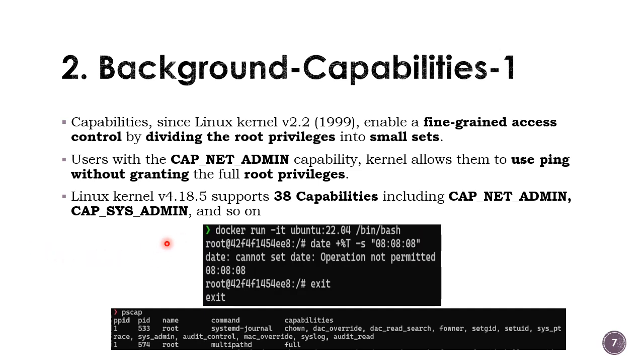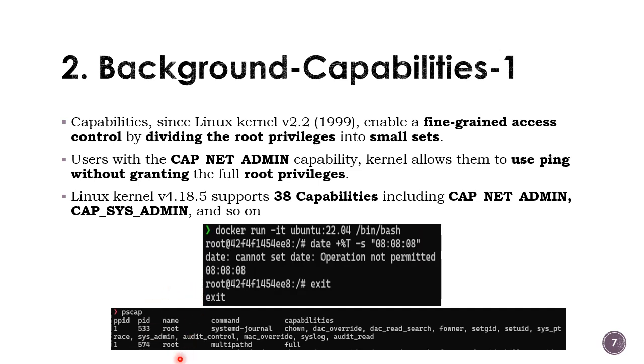So here we have some images to explain this concept. Here we run Docker. The Docker runs a system, Ubuntu 22.04, so it's running an operating system. Inside this container, we run the pscap command. You can see some processes here, each representing a service that is currently executing.